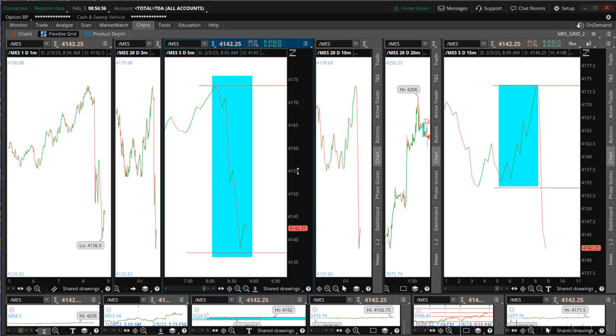The 5-minute fractal is pretty reliable, but right now, on the 15-minute fractal, we still have a straight line right down. We're down 50 points.